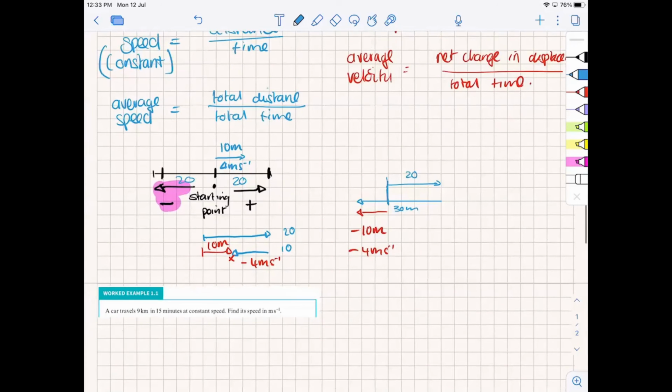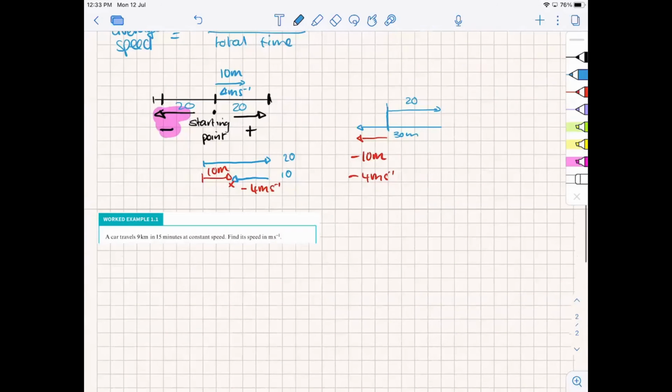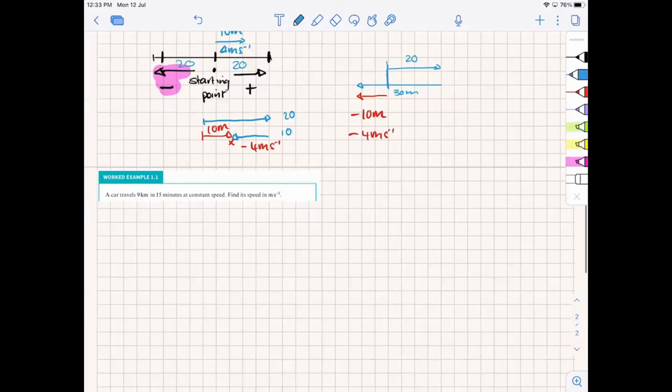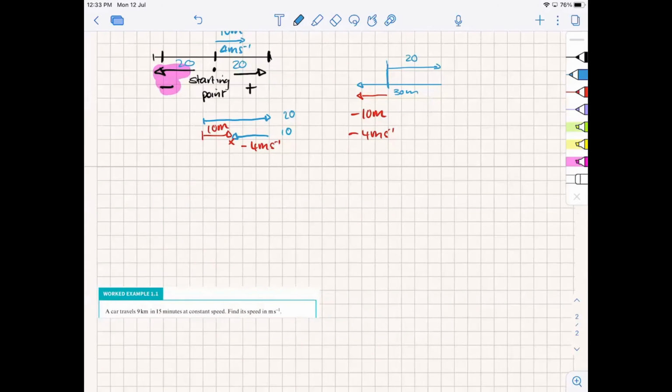I just want to define for you guys quickly. What's the formula for speed, Keanu? Speed equals distance over time.